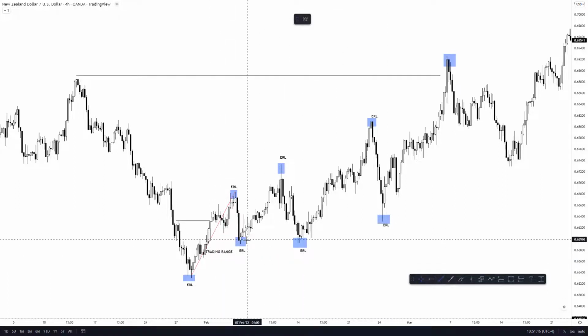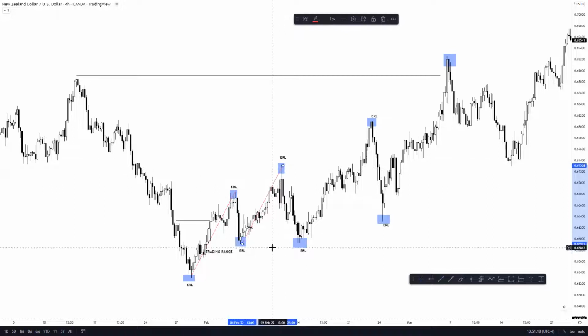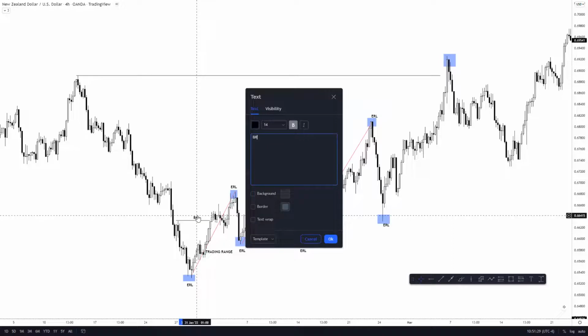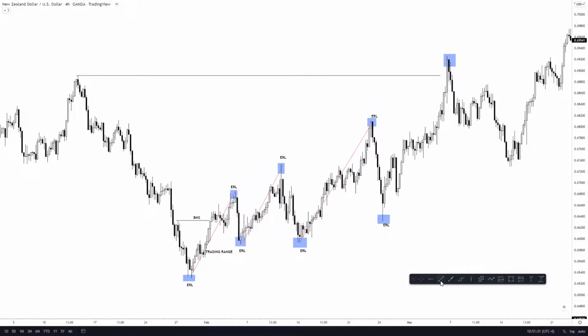So from here to here, we have this trading range from this low to this high. After making the BMS, we have another BMS and another trading range formed from this low to this high.